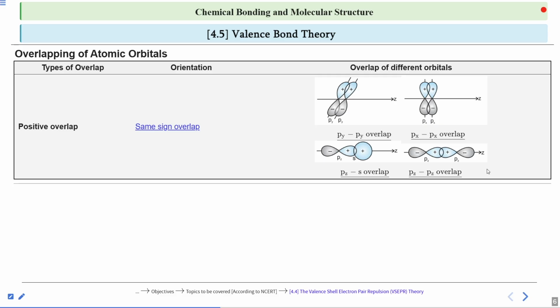Now coming to the sign of this orbital, remember students, this sign never represents an actual charge. This is very important to understand because they are representing your atomic orbital, which means they are representing the probability of finding the electrons, and we know that electrons are always negatively charged.